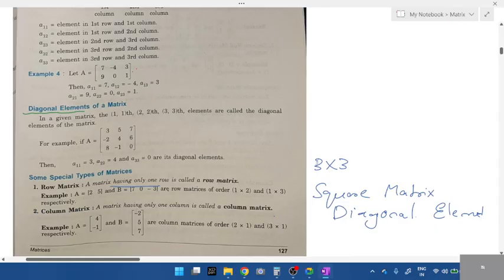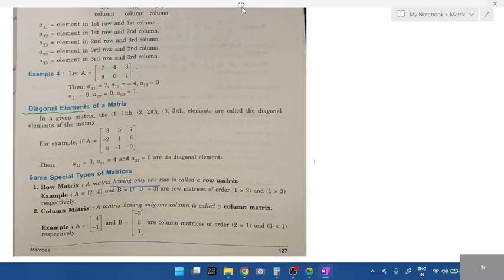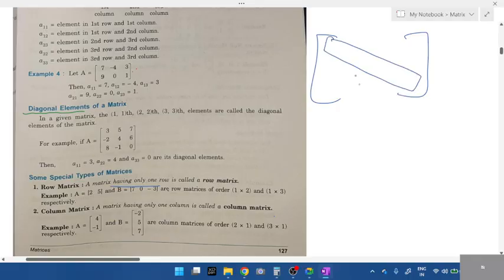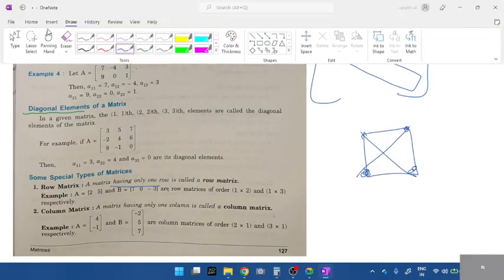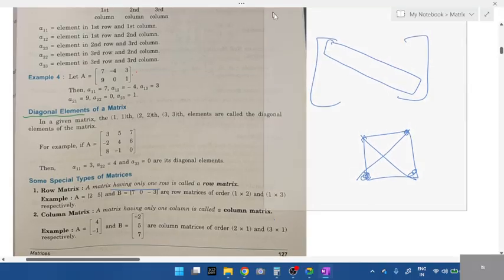Next, diagonal of the matrix. You know what is diagonal, right? Diagonal is nothing but this one, students, like this. If you take a rectangle or a circle, from one corner to another corner, we call it diagonal.